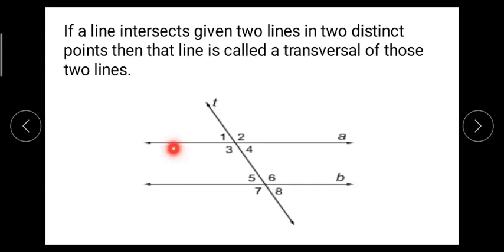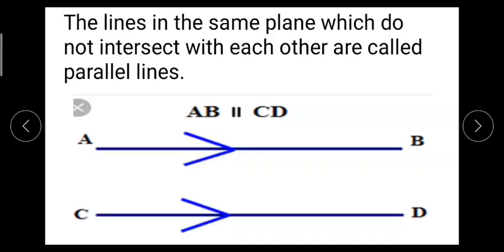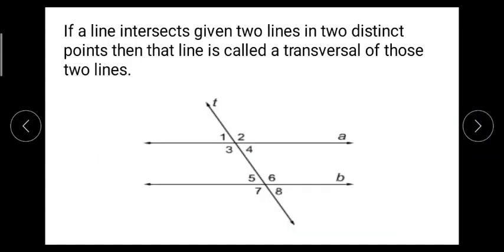Or you can draw this diagram also which is there on the slide. Okay, students, I repeat, first point is meaning of parallel lines and its diagram. Second point, meaning of transversal and the figure. Okay.